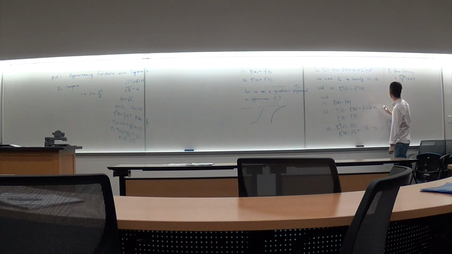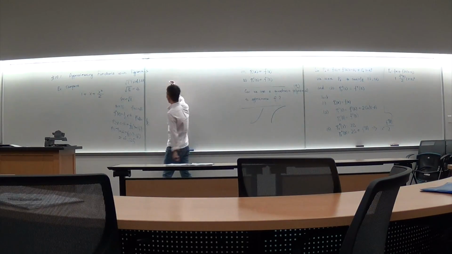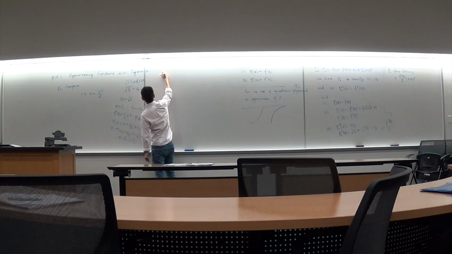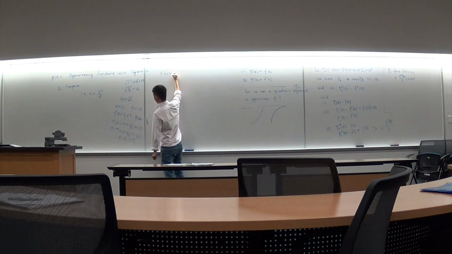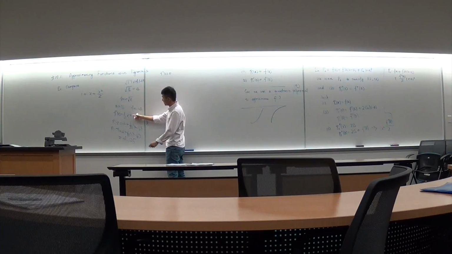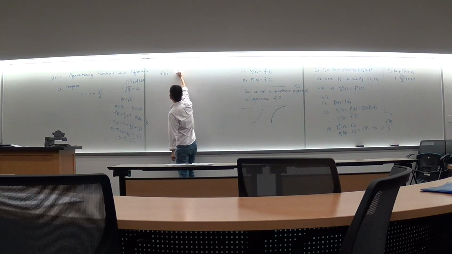So now what is C2? C2 is equal to f double prime evaluated at 16 divided by 2, just like we derived it before. First, let's find f double prime. What is f double prime of x? f prime of x is this, 1/2 times x to the negative 1/2.